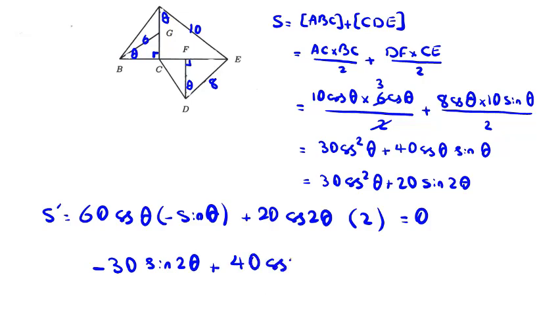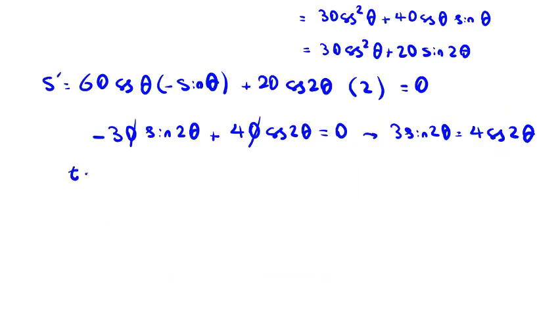And we can conclude, okay, 3 sine 2 theta equals 4 cos 2 theta. Then we can conclude tangent, or let me write at first sine 2 theta over cos 2 theta equals 4 over 3. And then we can say it is tangent 2 theta.